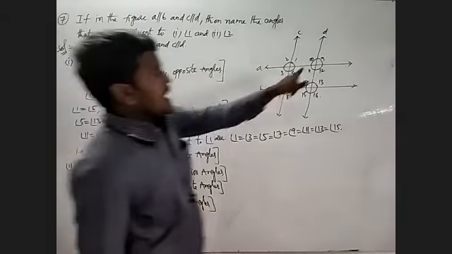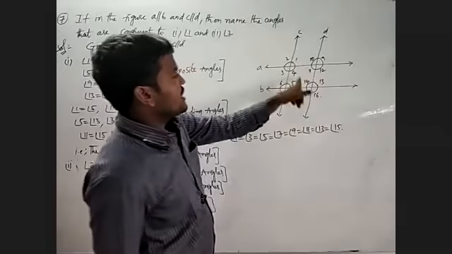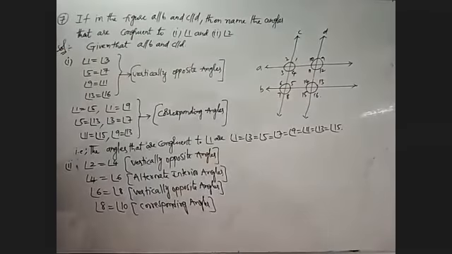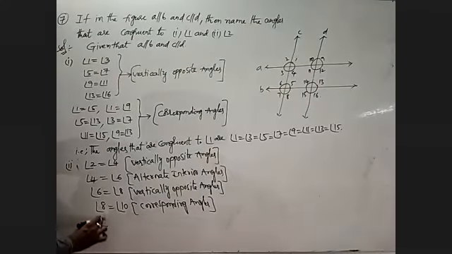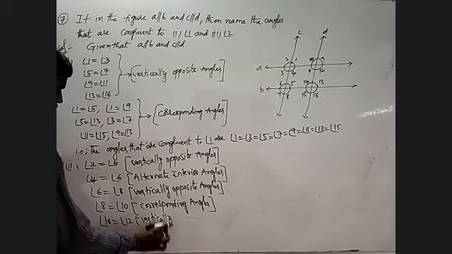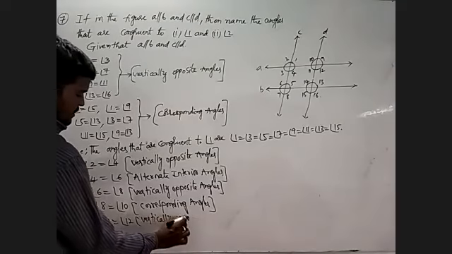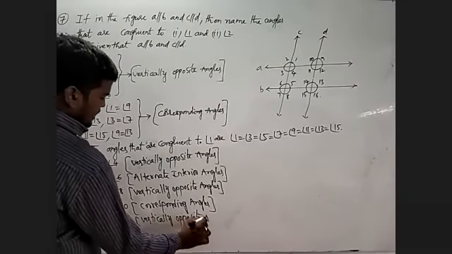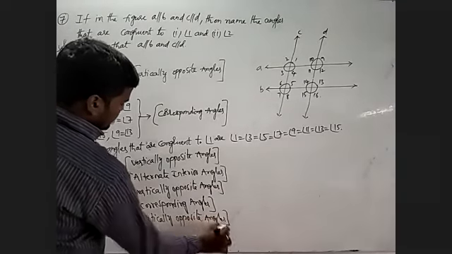Again we'll take angle 10 is equal to angle 12, which is of the form angle 2 is equal to angle 4. Angle 10 is equal to angle 12 means they are vertically opposite angles.